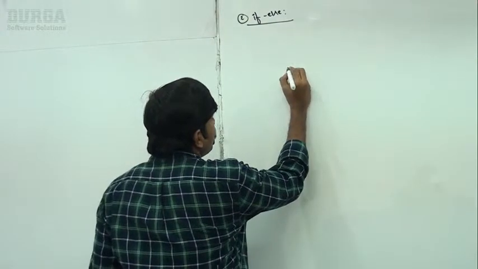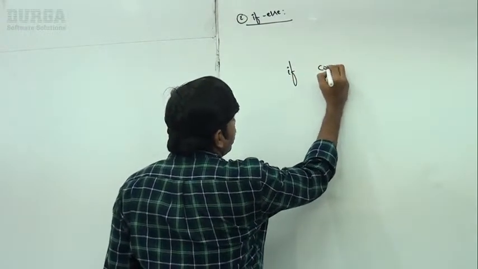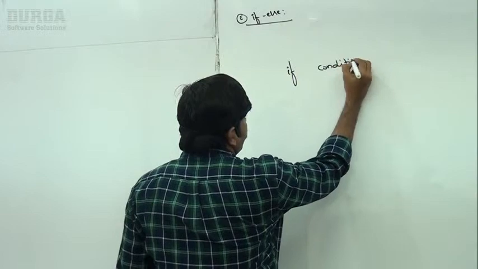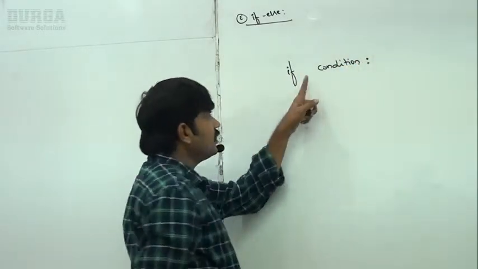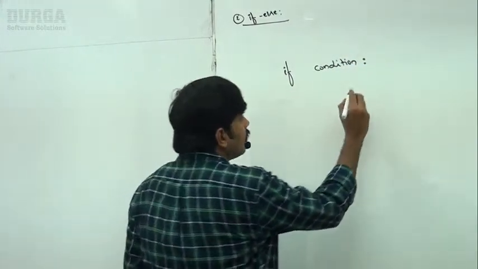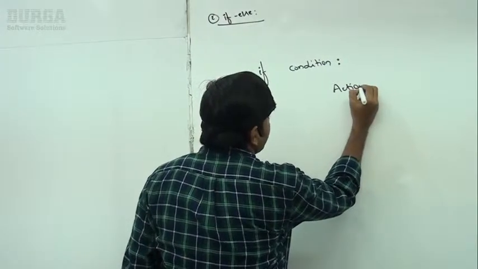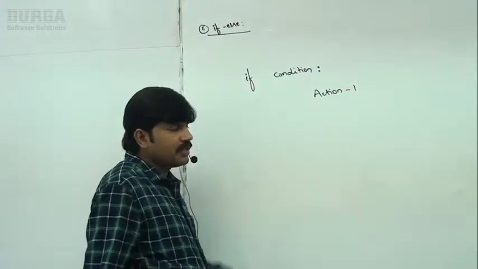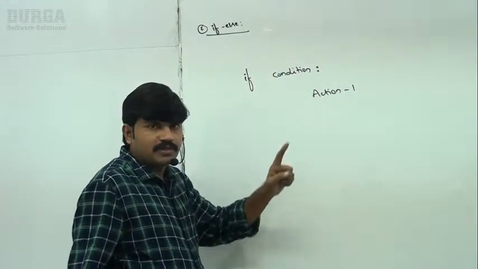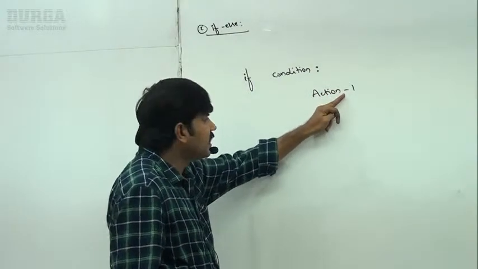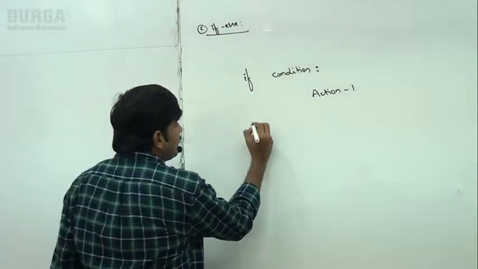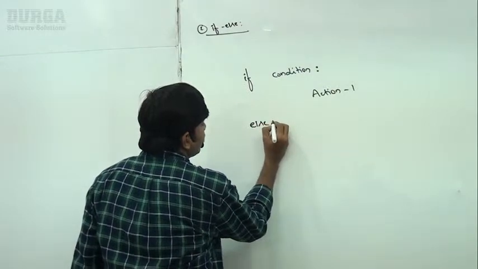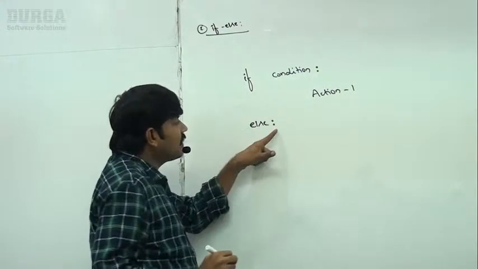It is very simple. If this condition is satisfied, perform action 1. It may be a single statement or multiple statements. Else, again a colon. This is the else block.